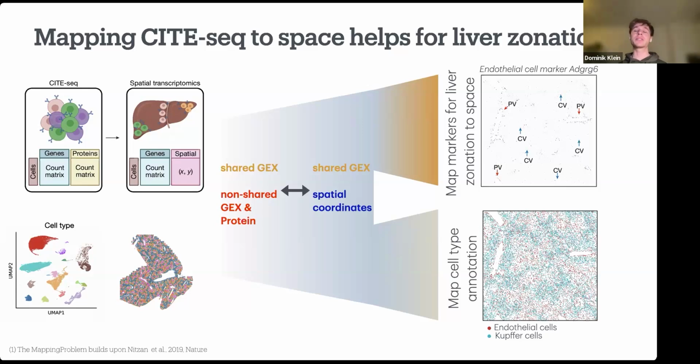At the same time, in that case, we didn't have any cell type annotation for the spatial transcriptomic slides. We can also use our mapping to infer cell types, and hence we can now visualize the spatial transcriptomic slides according to the labeling, or the cell types, which we inferred from the mapping. And indeed, we can see that it makes sense.